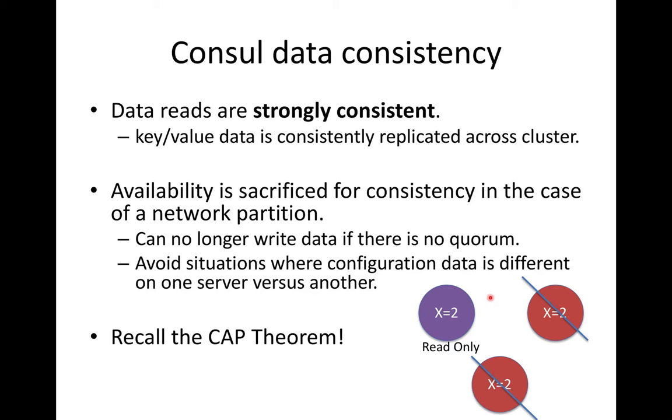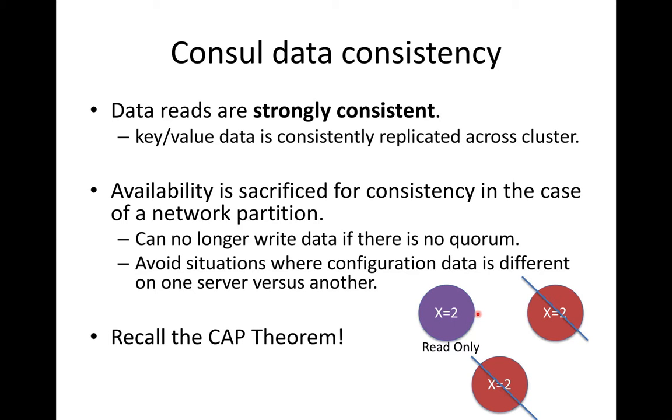And because Consul is using the Raft algorithm, what Consul would do in this case is, if two of the three servers were unavailable, there would no longer be a quorum, a majority of servers available. And Consul then would only allow reads to be made.